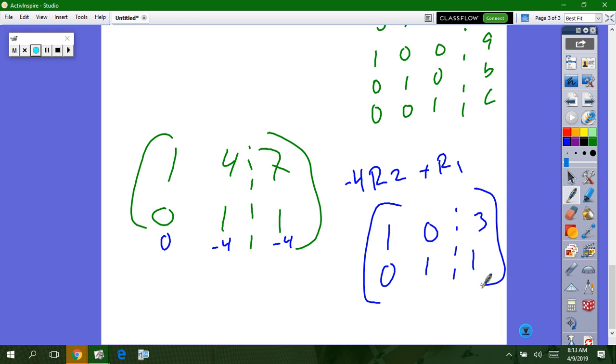X plus 0y is 3. So x is 3. 0 x's, 1 y. Yeah. You solve for the y, and then you come back.